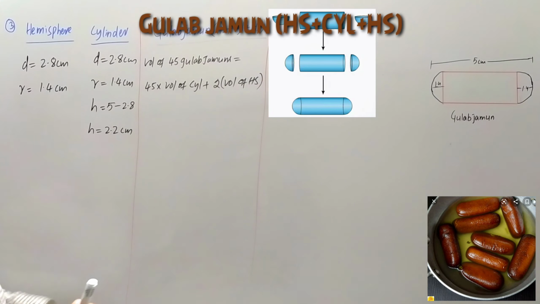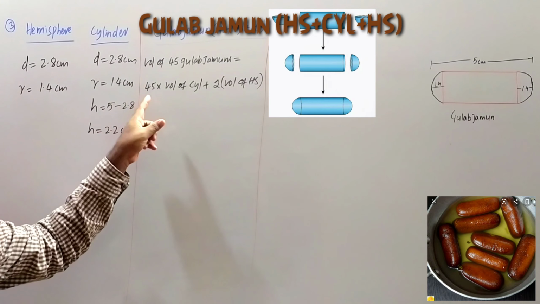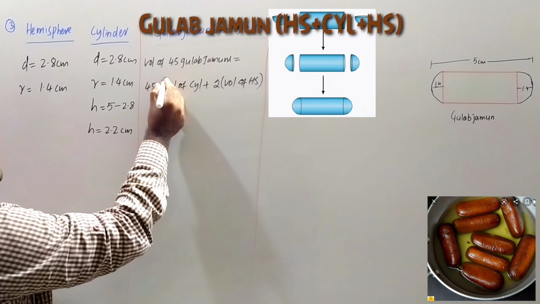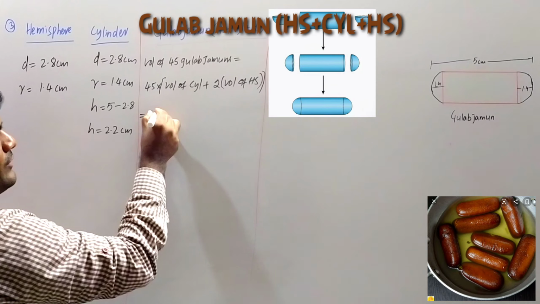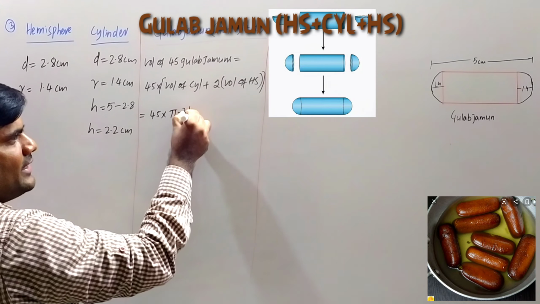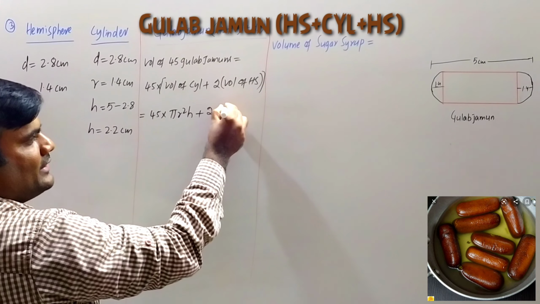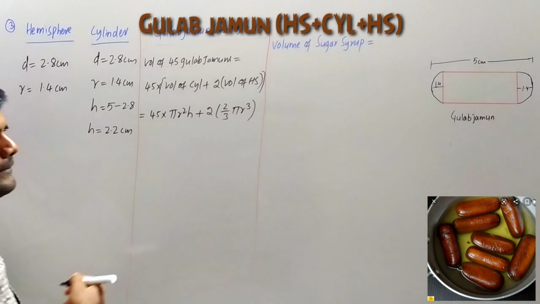So the formula is 45 into volume of cylinder, formula is pi r square h, plus 2 into volume of hemisphere, formula is 2 by 3 pi r cube.